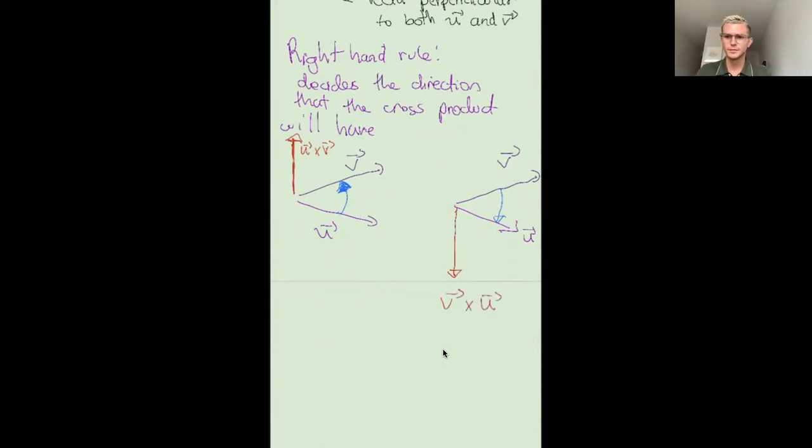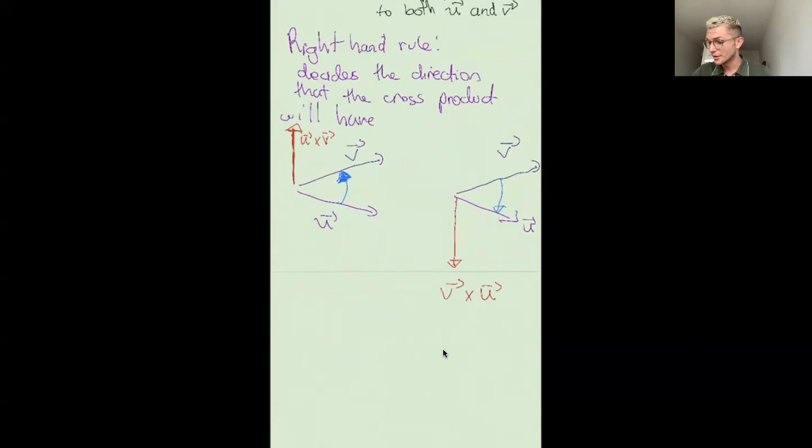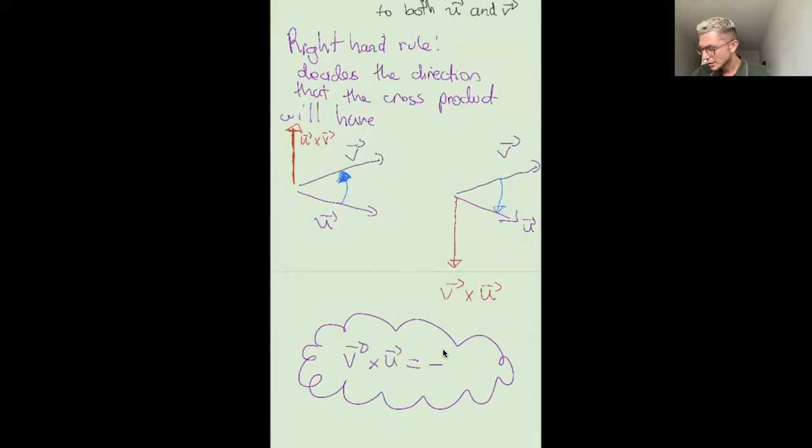Is that making sense? So if they point in opposite directions, one is minus the other, right? So this is a very important formula not to forget ever in this class, that v cross u, for example, is minus u cross v.